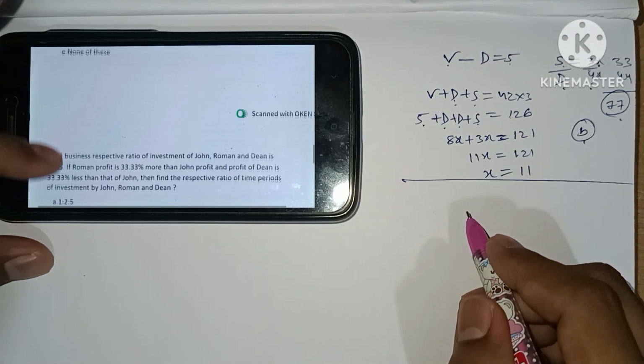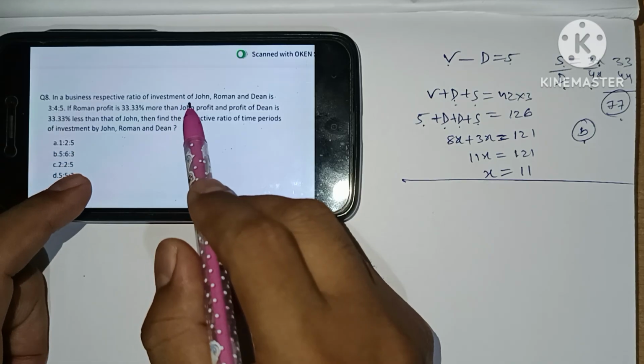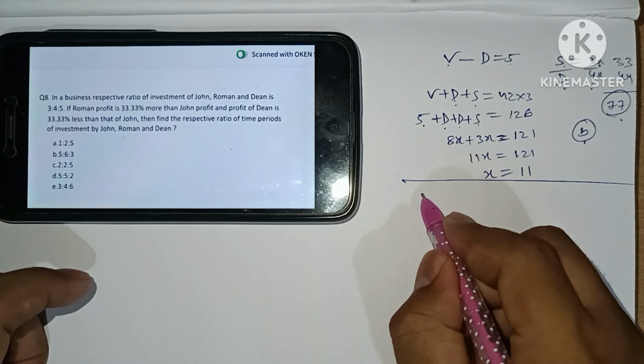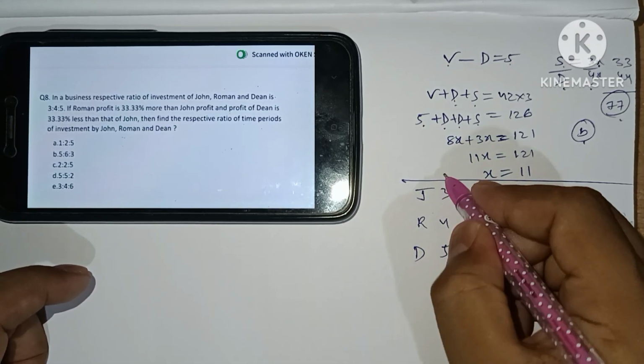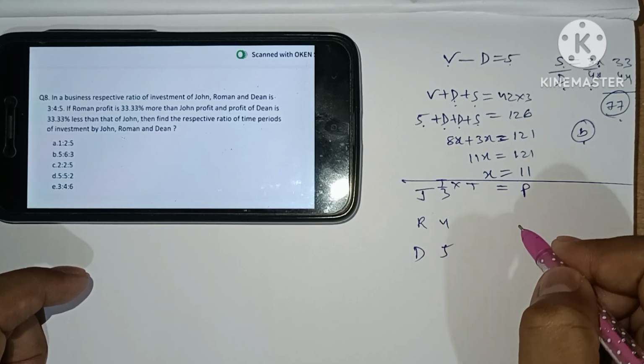Next, 8th question. In a business, the respective ratio of investments of John, Raman and Dean is 3:4:5. Investment into time ratio is equal to profit ratio.